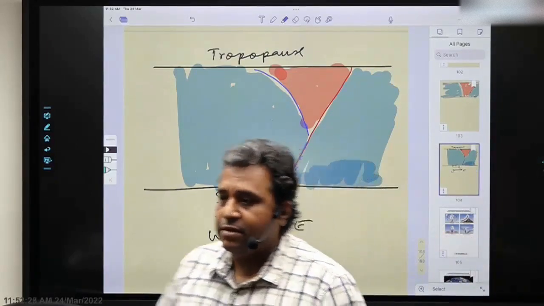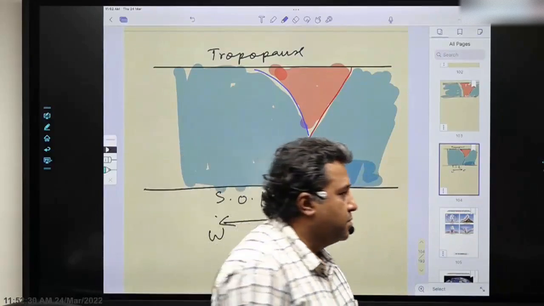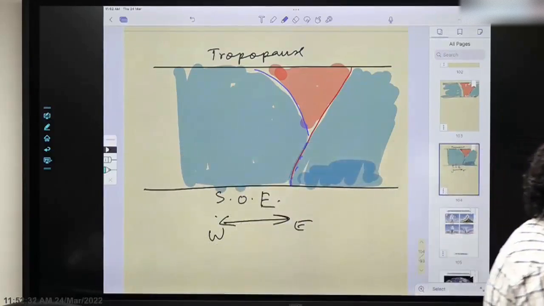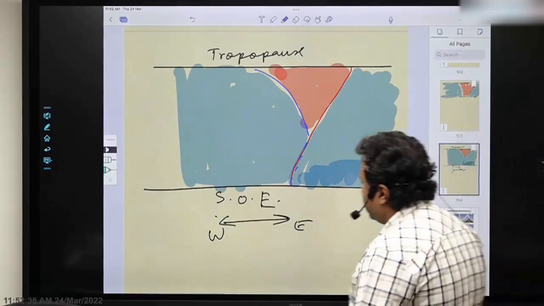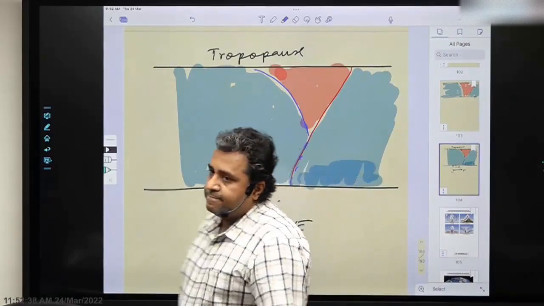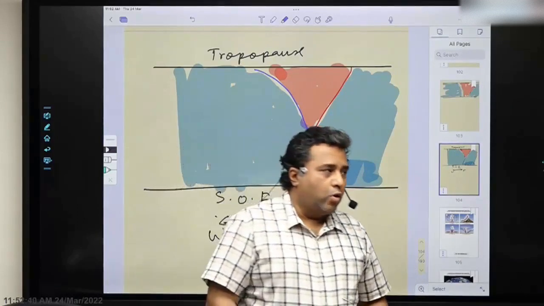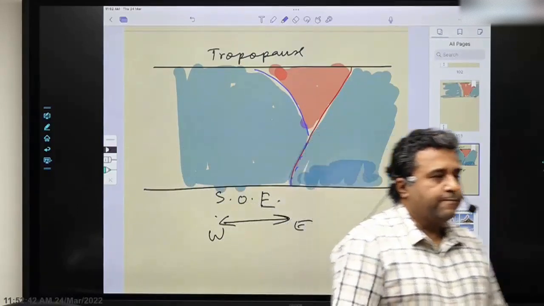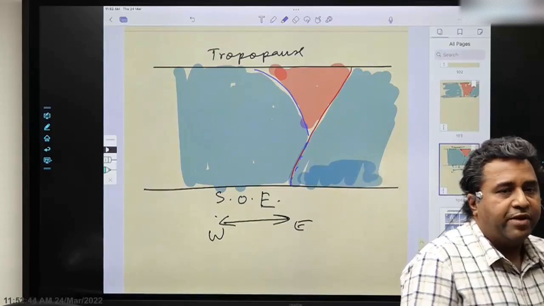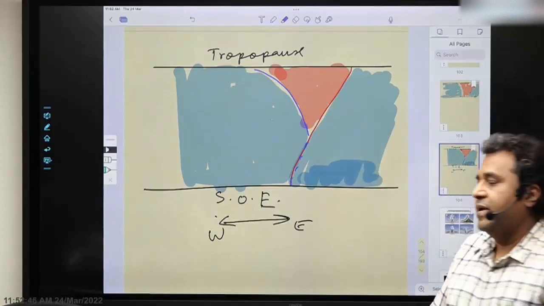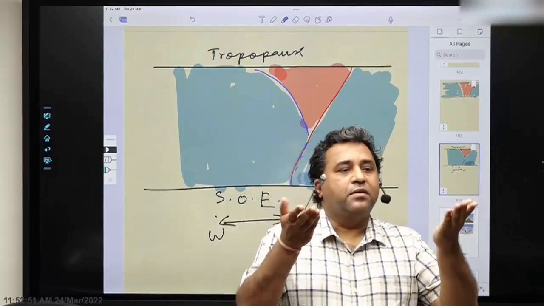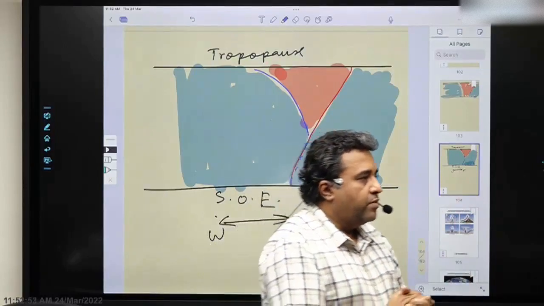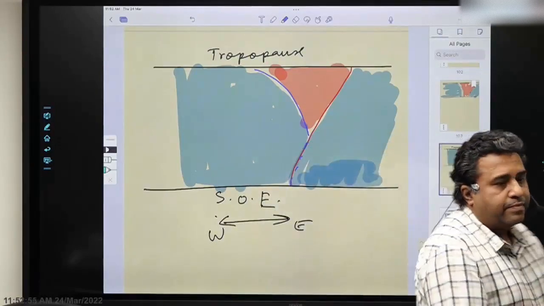Which air? Cold air mass. Okay? Cold air mass. Whereas all the warm air mass has what? Lifted up. All the warm air mass has lifted up.